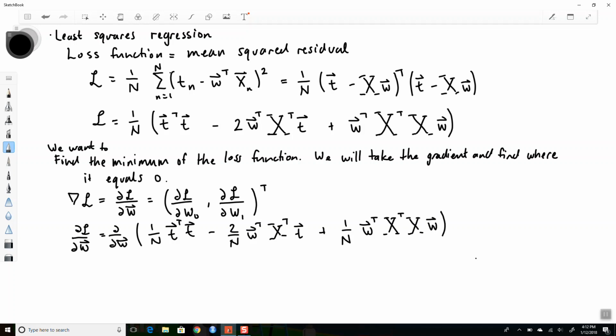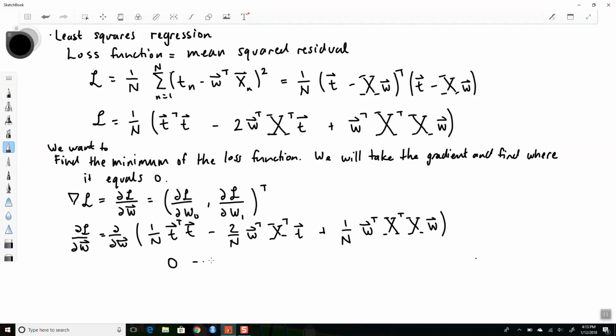With respect to w, there's no w term in the first one, so this just becomes 0.